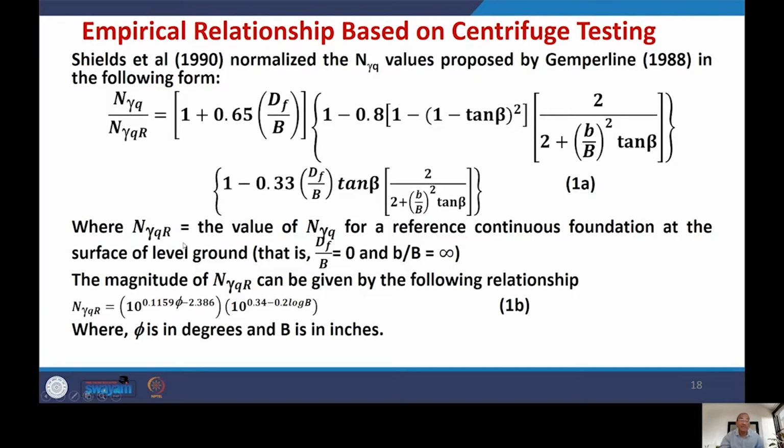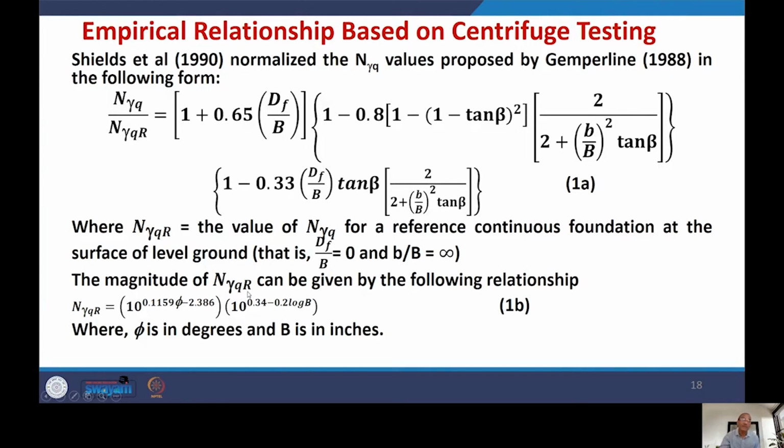Now, N_γq(R) in this equation is the value of N_γq for a reference continuous foundation at the surface of level ground, that is when Df/B equals 0 and B/L is infinity. For these two conditions, N_γq(R) is basically a reference number, and that number is a dimensionless bearing capacity factor.